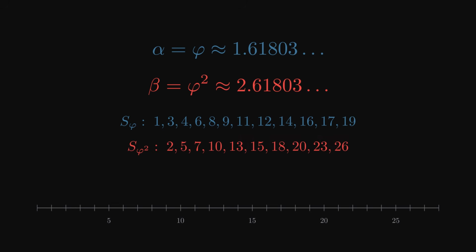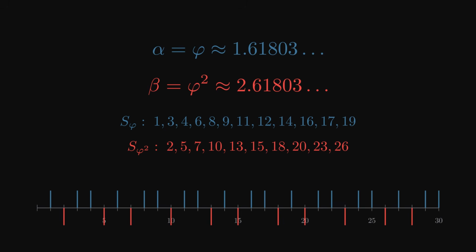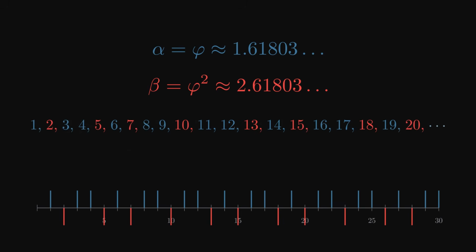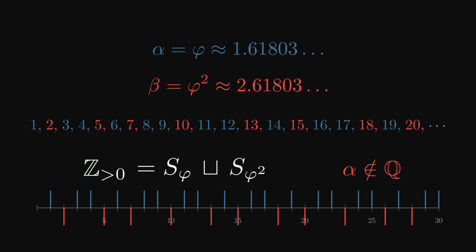S sub beta is 2, 5, 7, 10, 13, 15, 18, 20, 23, 26. Combine them in order. 1, 2, 3, 4, 5, 6, 7, 8, 9, 10, 11, 12, 13, 14, 15, 16, 17, 18, 19, 20, and so on. Every positive integer, exactly once. This is a partition algorithm encoded in the irrationality of alpha.